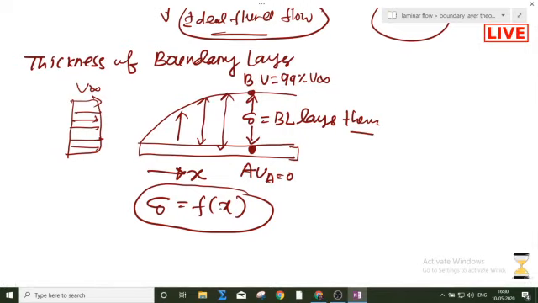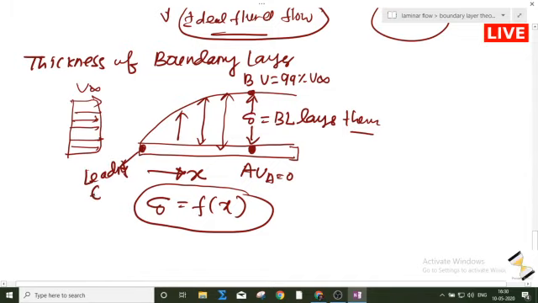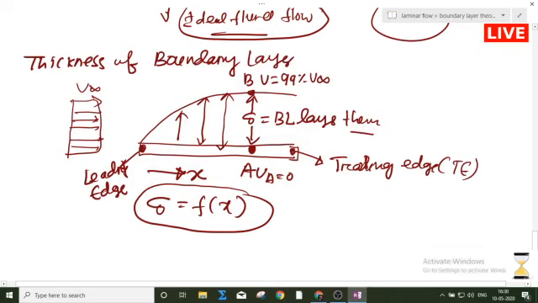This point is called the leading edge, and the last point of the plate is called the trailing edge. If you move from the leading edge to the trailing edge in the x direction, at different x values you will get different boundary layer thickness.